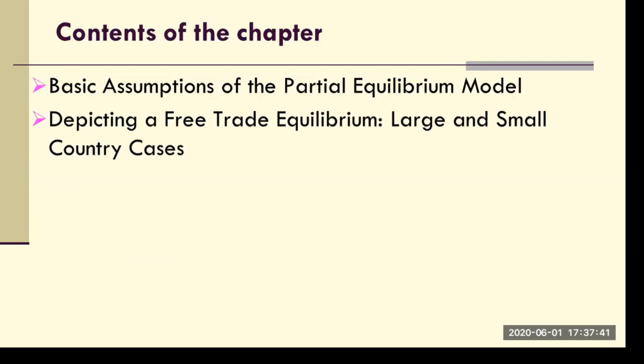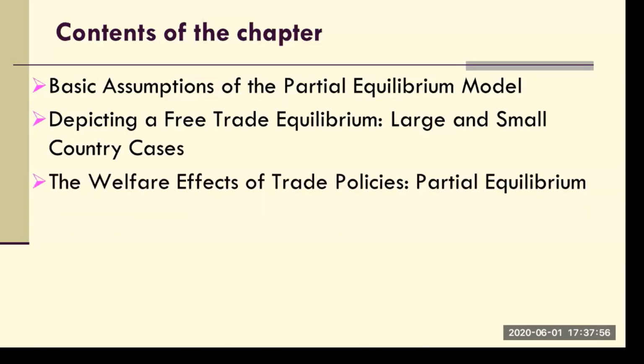The second one is that we have to show a free trade equilibrium in large and small country cases. What a large country means and what a small country means will be seen. And the third point is the welfare effect of trade policies under partial equilibrium.